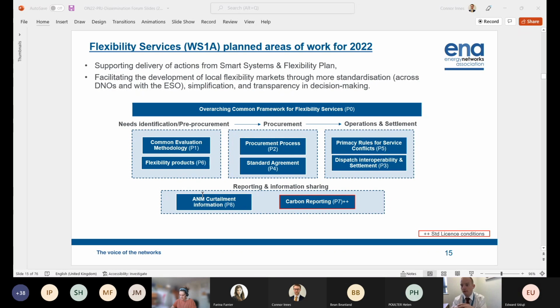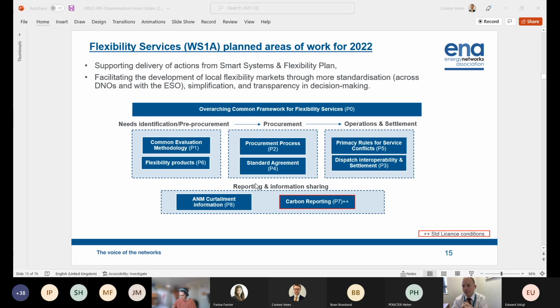And then within this pillar, we also have the standard agreement, and this is a very core bit of Open Networks in delivering a flexibility agreement that is common across all network operators and common across the ESO for the applicable products that are being procured from distribution network connected assets.